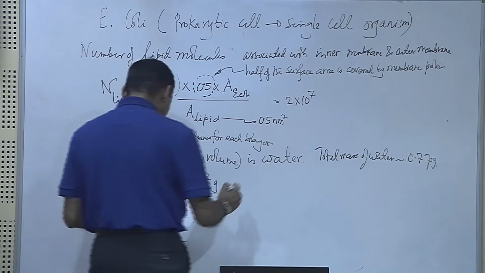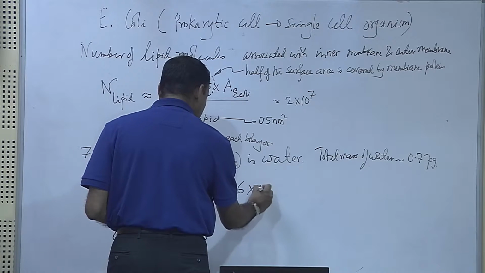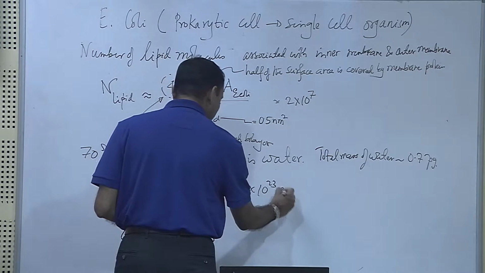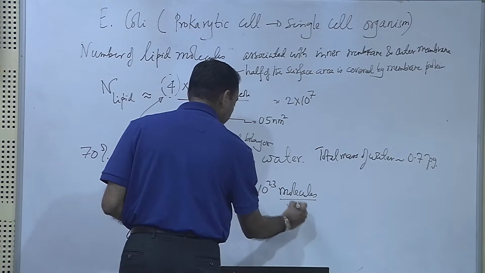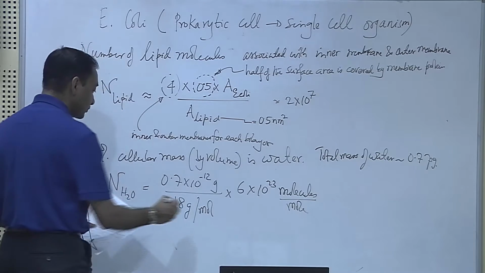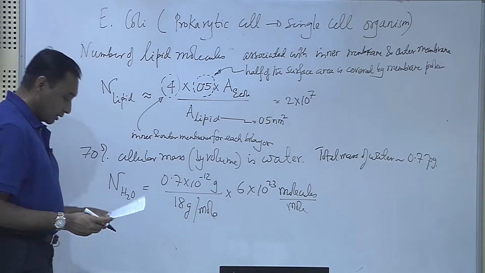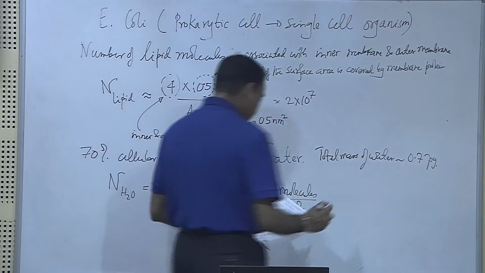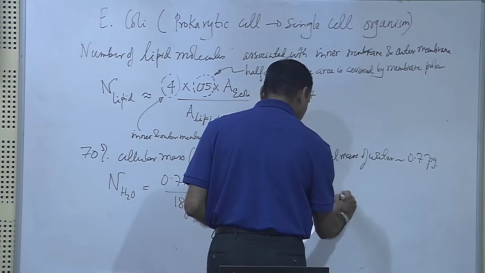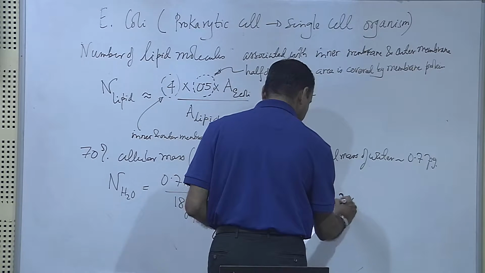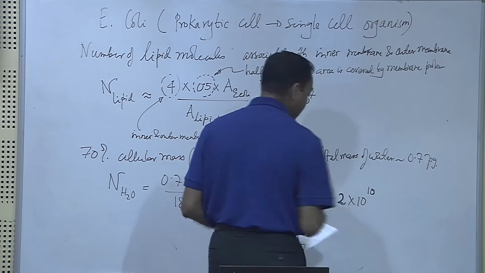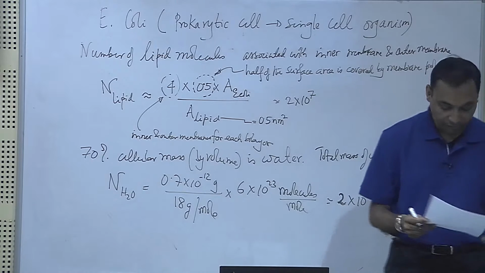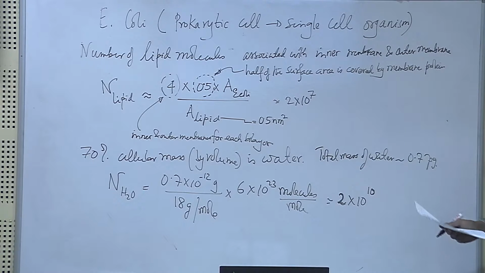So 6.6 times 10 to the power 23 molecules per mole. If you do that, we get somewhere around 2 times 10 to the power of 10 water molecules. So an E. coli cell will have 2 times 10 to the 10.